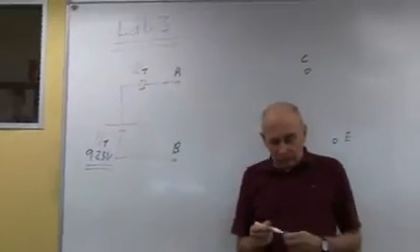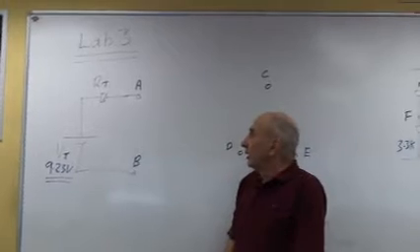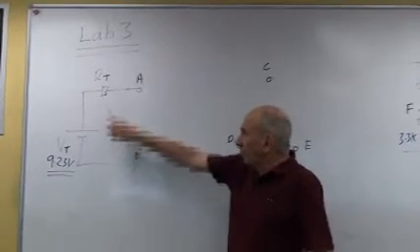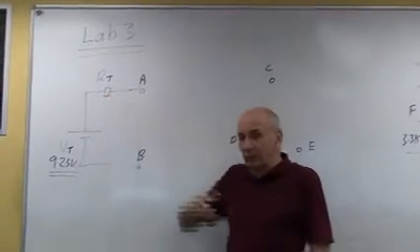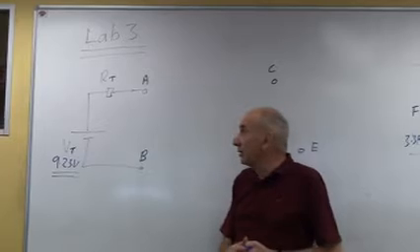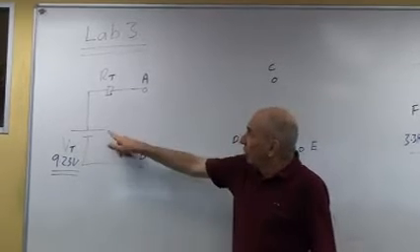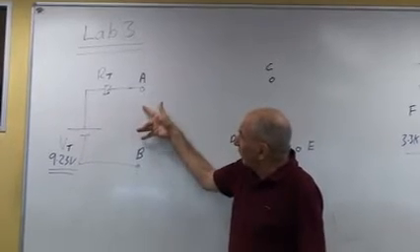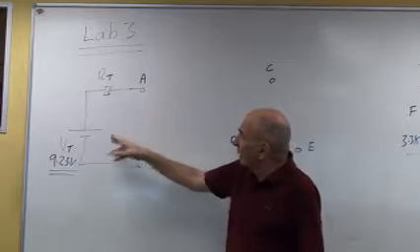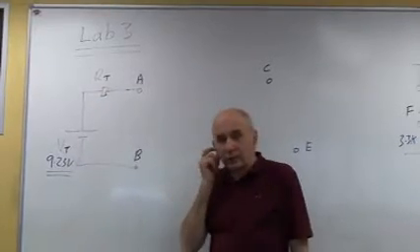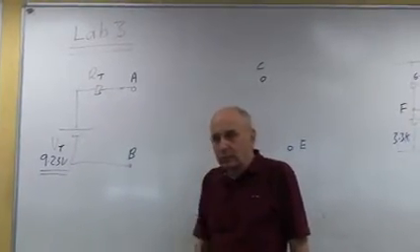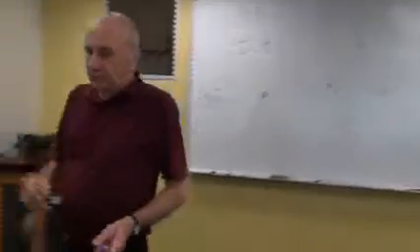That's the first result of the lab. Now, we've got to figure out what RT is. We can't just measure that using the meter because the battery's in the way. If you try and measure that resistance across there, you see the battery's in series, so you can't measure RT directly. So what we do is a different idea.